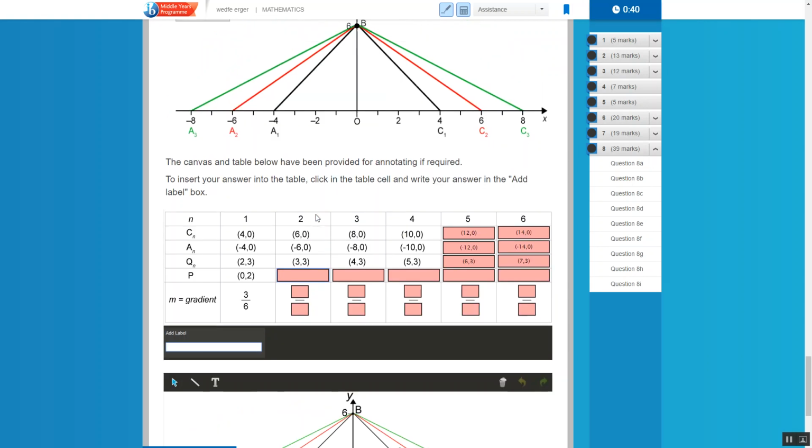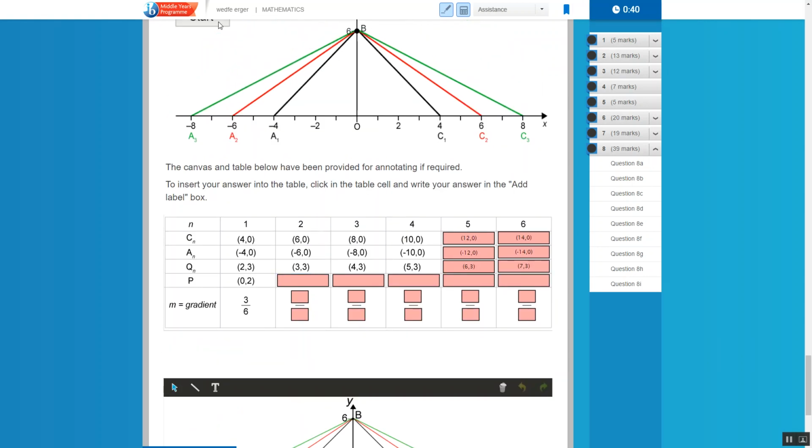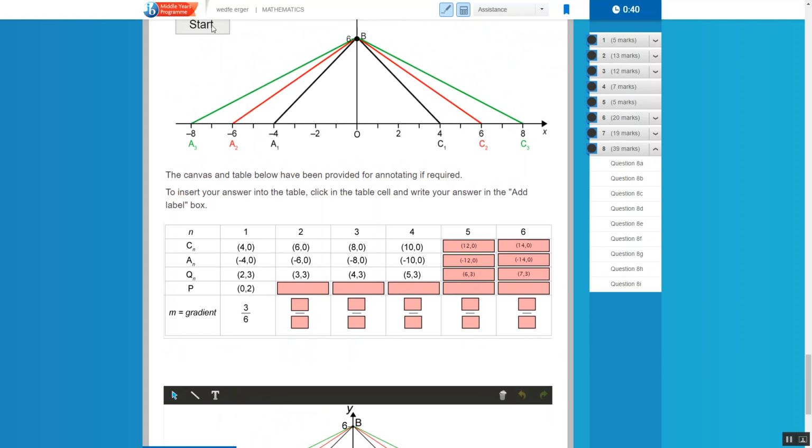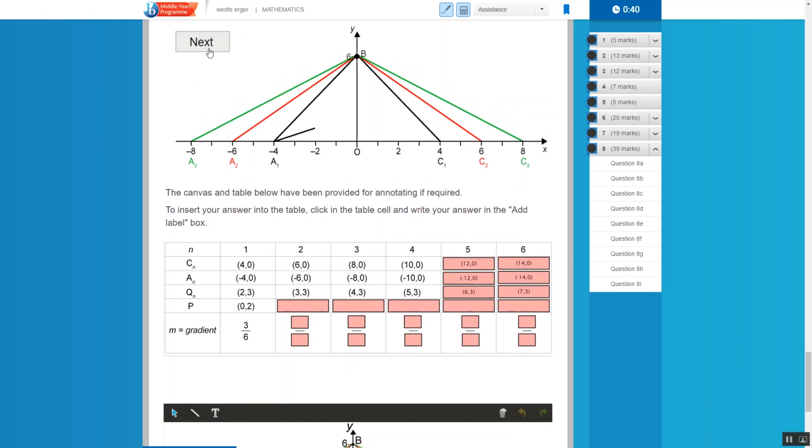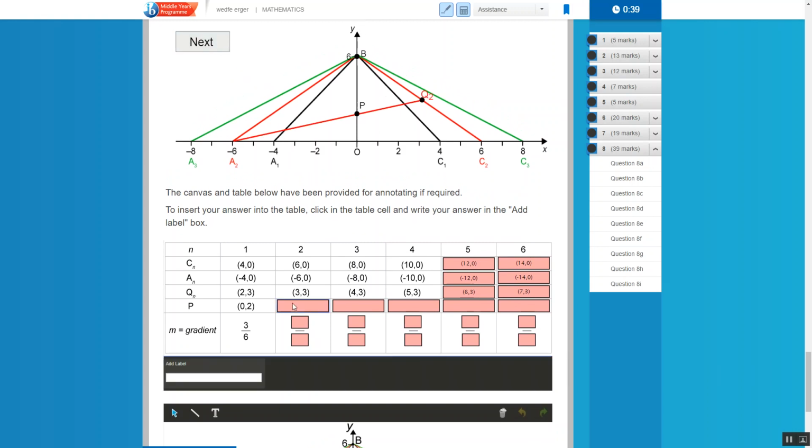Okay, the midpoint we can see P is exactly the same the whole way through.